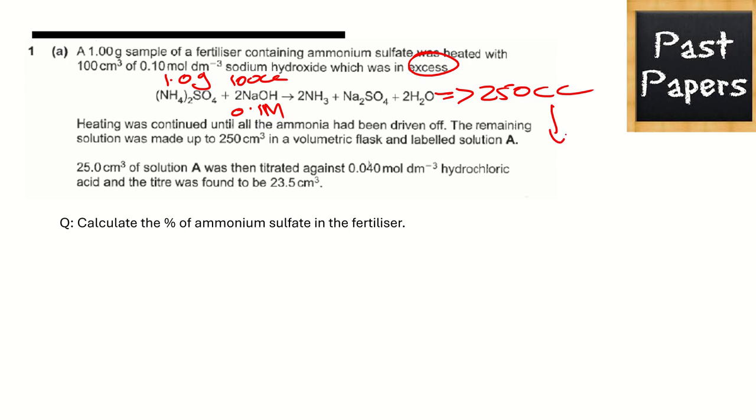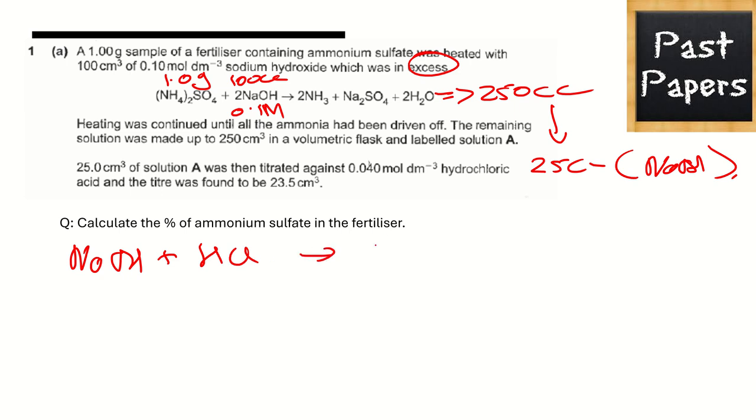We then took 25 cc's out of that solution and titrated it against hydrochloric acid. So this 25 cc's contains unreacted sodium hydroxide, titrated against hydrochloric acid, and hopefully you know that is a 1-to-1 ratio, a very common acid-base reaction.